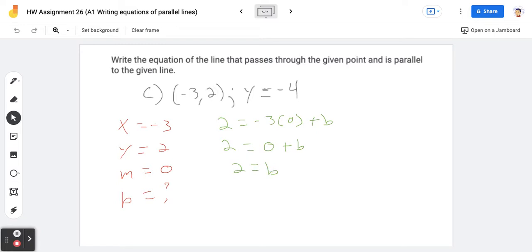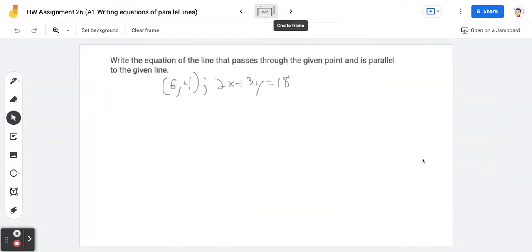Therefore, if I was to rewrite my equation, initially it would be y is equal to 0x plus 2, but we know that would just turn into y is equal to 2, which is another horizontal line. All right, that one doesn't really make too much sense. Bring the questions to class.